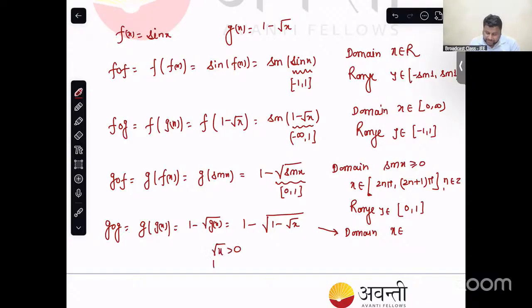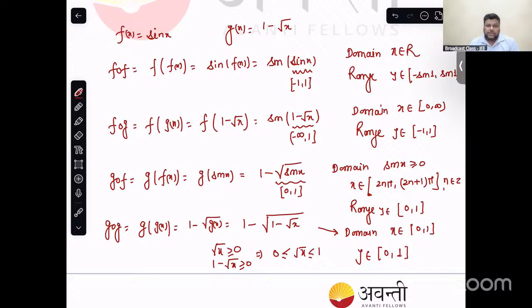Root x positive and 1 minus root x should be positive. So this simply means that root x should lie between 0 and 1. So the domain is what? 0 to 1. Got it? Now if I talk about range, see, while root x is 0, your gog is also 0. While root x is 1, your gog is, that's it.